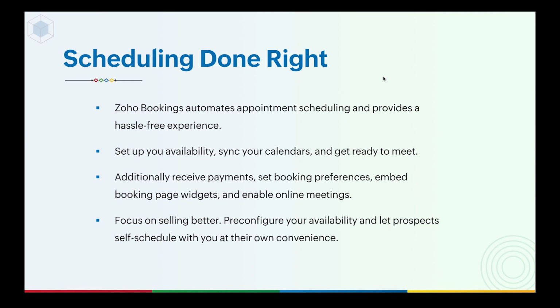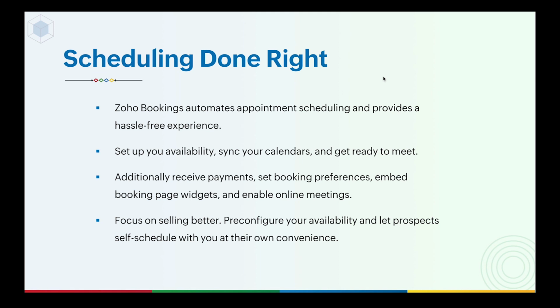So, how would it be if scheduling was done right? Zoho Bookings does just that for you by automating appointment scheduling and provides you with a hassle free experience. With an automated scheduler, you just have to set up your availability and get ready to meet people.